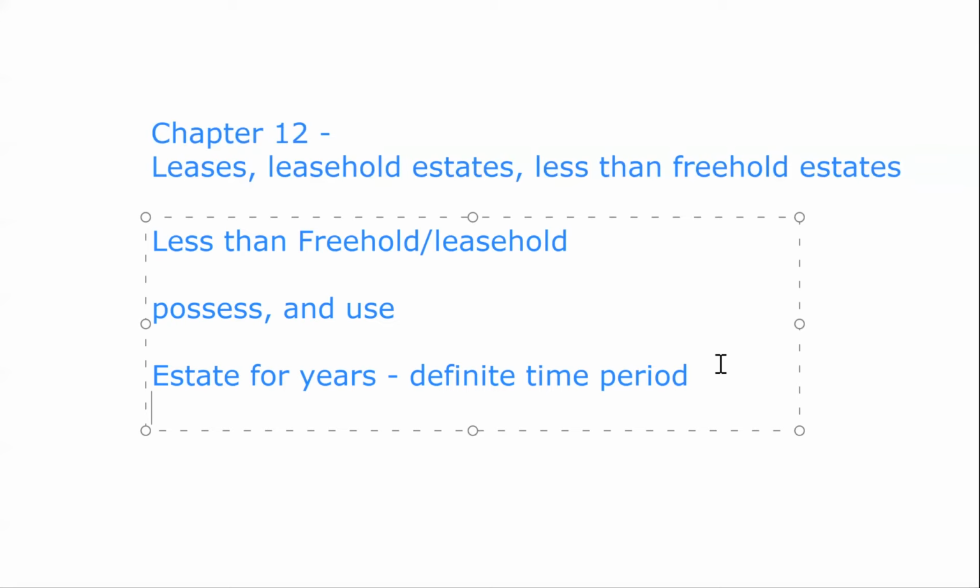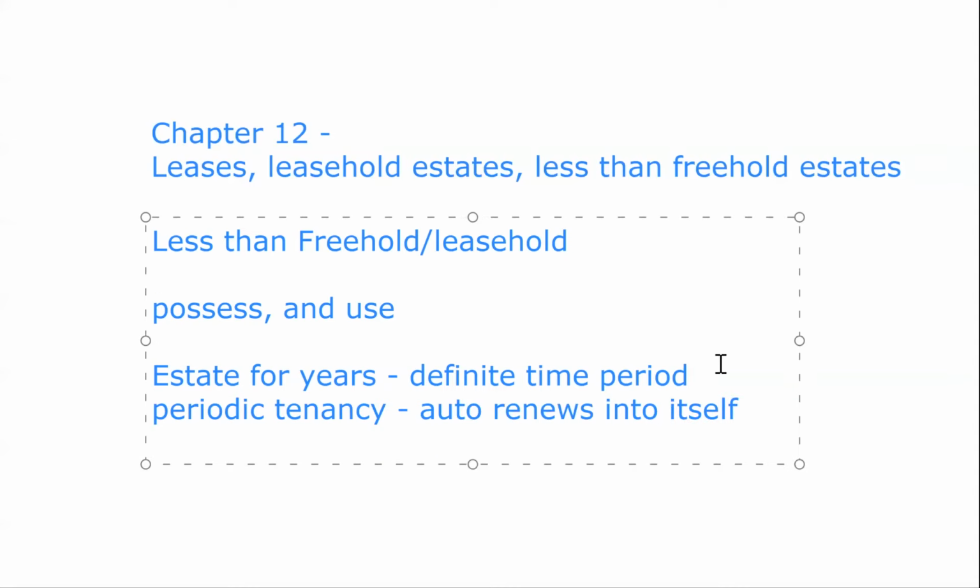Nope. Okie dokie. So the next one is going to be the periodic tenancy, or sometimes referred to as an estate from period to period. So what happens is this one auto renews into itself. What do I mean by that? This is typically a month-to-month lease. Month to month.